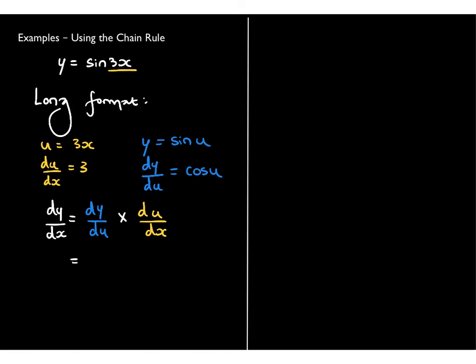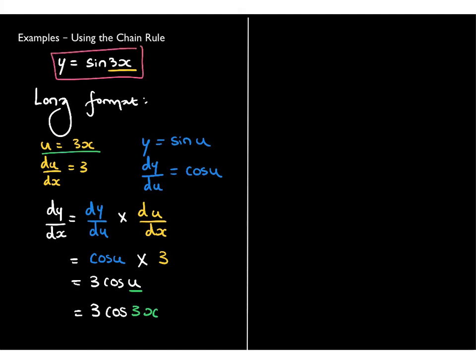So dy by du is cos u multiplied by du by dx, which is 3. So our answer is then 3 cos u, but remember we know that u is the same as 3x, so we can rewrite this as 3 cos 3x. Now, look at the question. Look at the answer, the derivative, I should say.